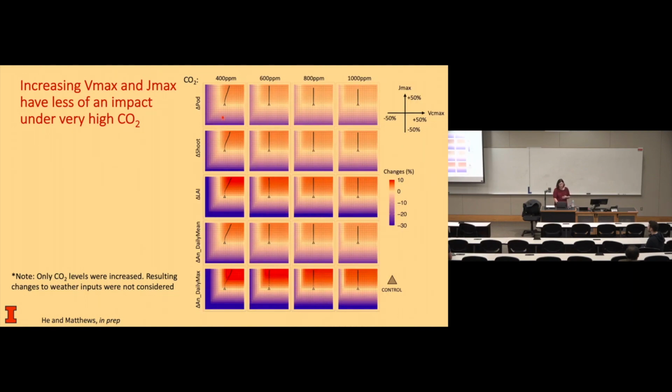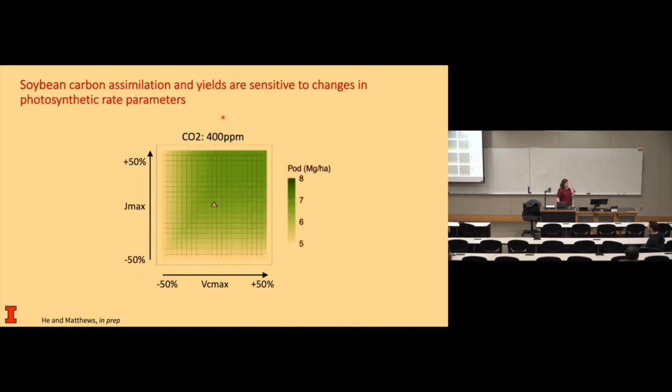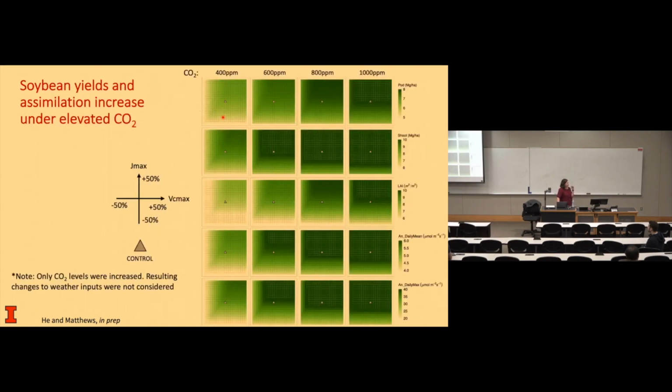At the lower levels, you see more of how increasing the Vcmax and Jmax can also improve things. This is a little easier to see on this plot, where we're now looking at relative changes rather than the absolute abundances.